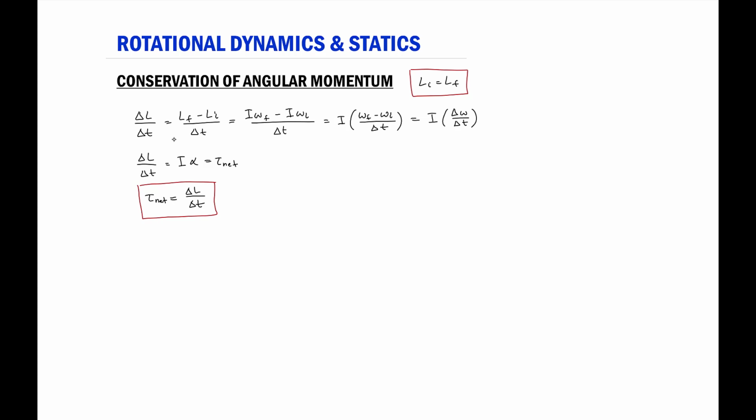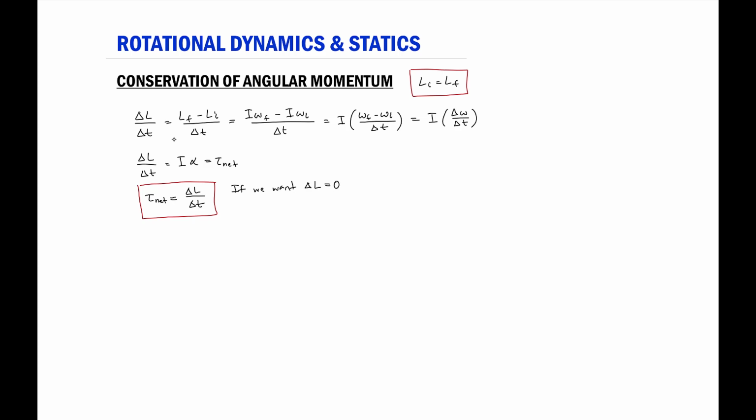So this is pretty cool. The net torque is equal to the change in angular momentum over a specific period of time. But what does this tell us about the law of conservation of angular momentum? It means if we want something to be conserved, that means its initial and final values shouldn't change. So if we want to conserve angular momentum, delta L needs to be 0.